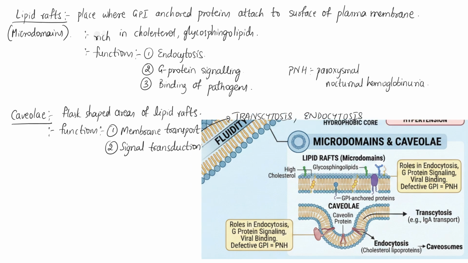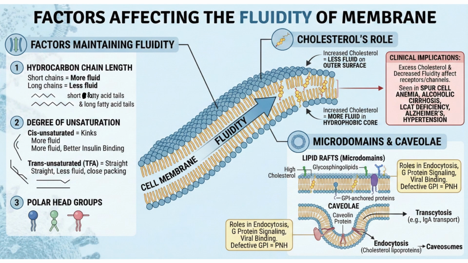So the factors affecting the fluidity: first the hydrocarbon chain length, smaller chain length, more fluidity. The degree of saturation, the cis-unsaturated fatty acids have more fluidity. Polar head groups, based on size, larger the size, more fluidity, higher the charge, less fluidity.